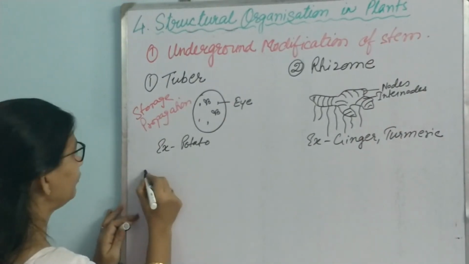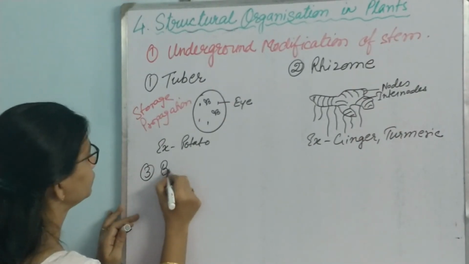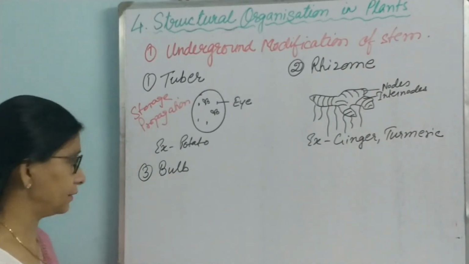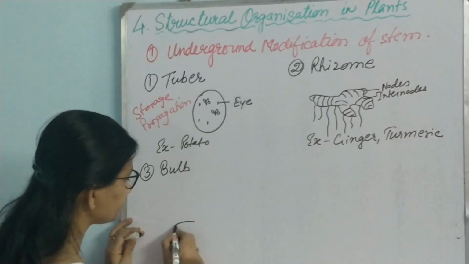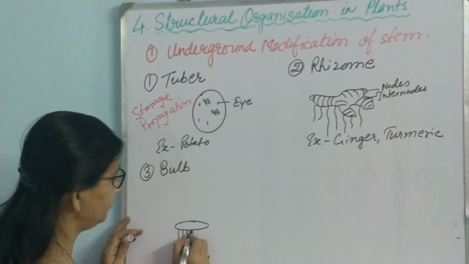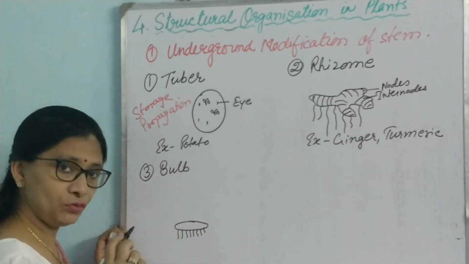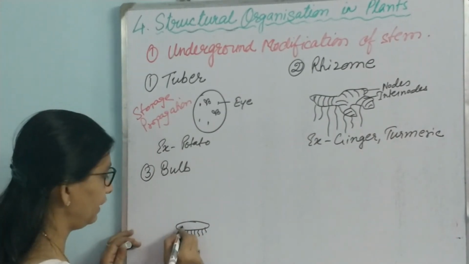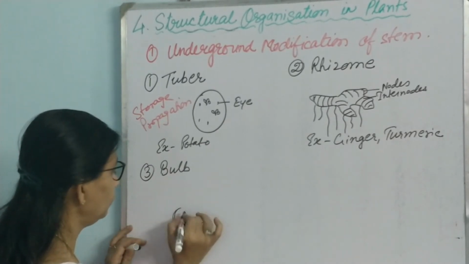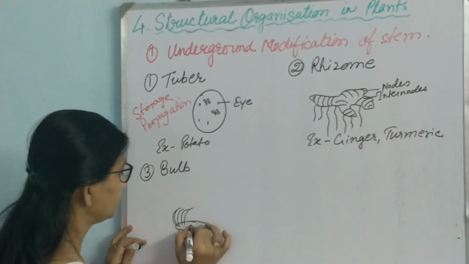Now, the third type will be bulb. The common example being onion, garlic. Here what happens, the stem is compressed and it has adventitious root, and this being stem, it will have many nodes and internodes, and from the nodes comes out leaves.